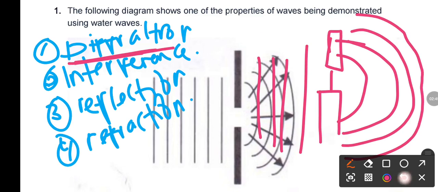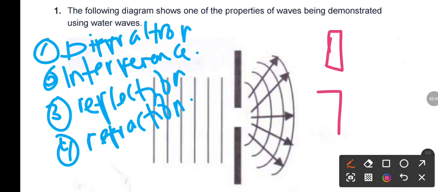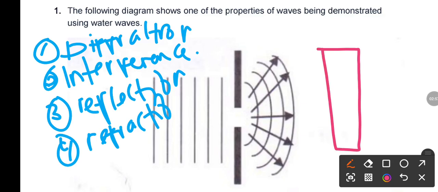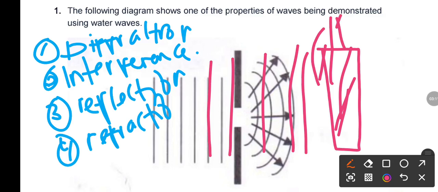The second instance in which diffraction occurs is when incident wavefronts go around a barrier. So when we have incident wavefronts like this going around this barrier, they would go around this barrier.